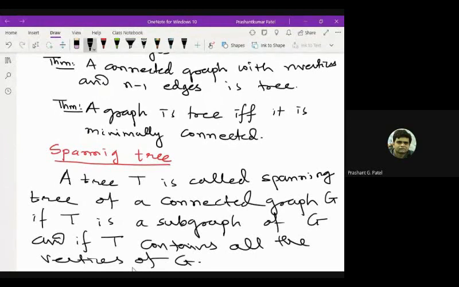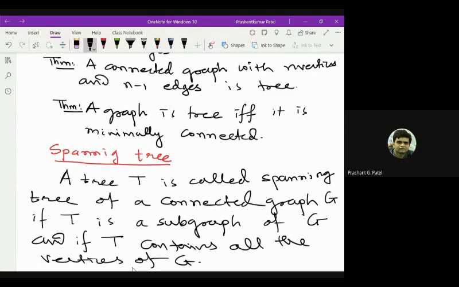Okay. So many times finding the spanning tree in a graph G is a very important question. For example, suppose there is one warehouse and from the warehouse there are certain shops, and we have to supply goods to each and every shop. Many routes are possible, joining warehouses and shops.